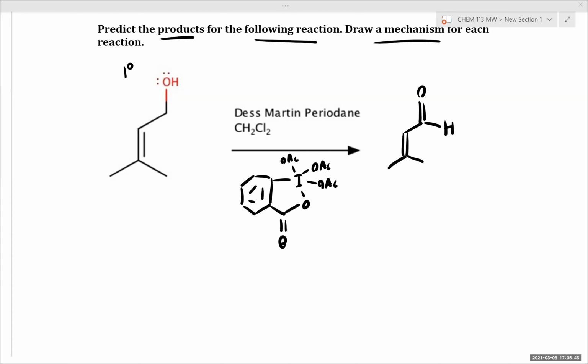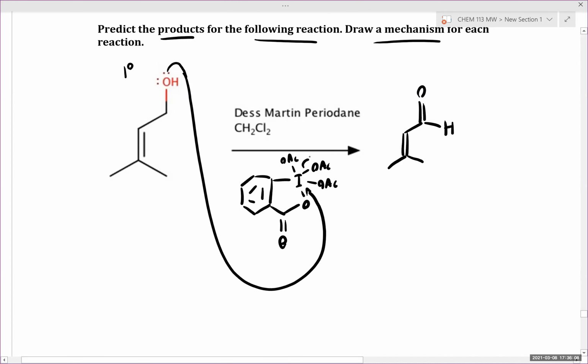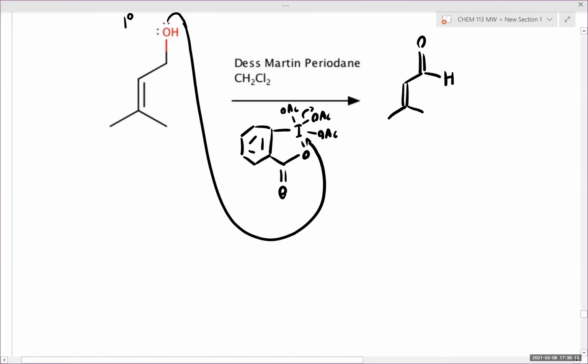The periodinane will attack the oxygen. What's the nucleophile in that case? The idea is good, but in terms of the phrasing, what's our nucleophile? What's our nucleophilic species? What's our electron-rich species? The alcohol or this Dess-Martin periodinane? The alcohol. So then our alcohol, which is our nucleophile, is going to attack our electrophile and displace an equivalent of acetate.